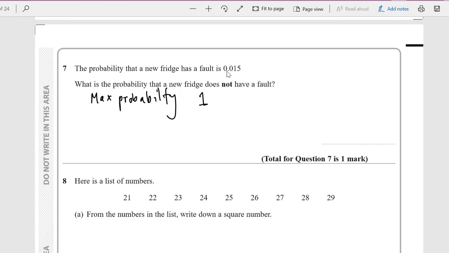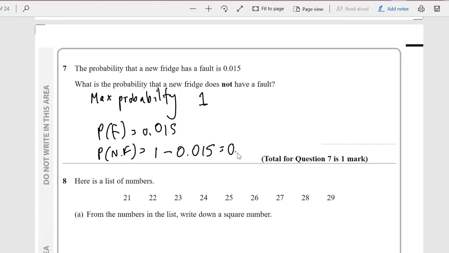So the probability that it has a fault is 0.015. So I'm going to put P(fault), and it's going to be 1 minus 0.015, which gives us 0.985.